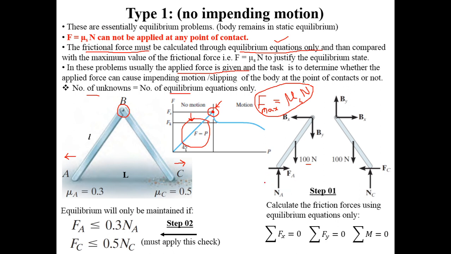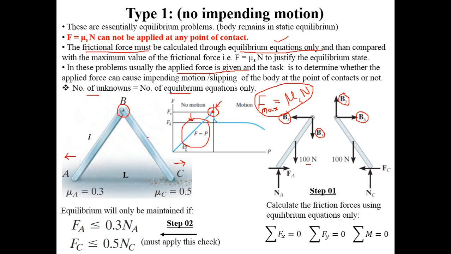So we have 1, 2, 3, 4, 5, 6 unknowns here, and please remember that this Bx and this Bx is actually the same. So this Bx and this Bx is the same thing. Okay, and similarly this By and this By is the same. They are not different unknowns.